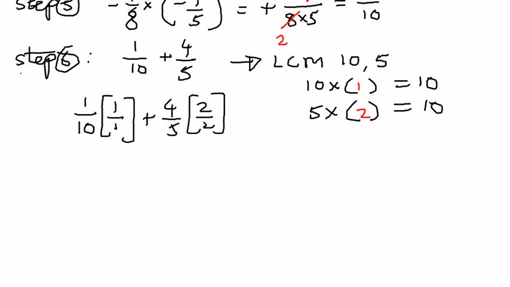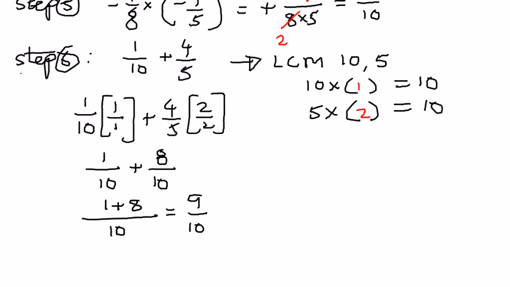So therefore 1 times 1 is 1, 10 times 1 is 10, plus 4 times 2 is 8, and then 5 times 2 is 10. Therefore the common denominator for these two fractions is 10, and therefore we can combine the numerator parts. 1 plus 8 is 9, and in the denominator we have 10. Therefore this is where we want to leave it.